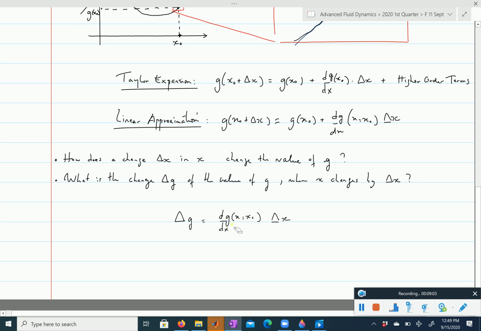So the value of the derivative is what relates a change in x to the change delta g. So if you want to know how delta g changes when you change x by a certain delta x, then you just look at the value of the derivative. This is also linked to the concept of total differential. So the differential of the function g, which you call dg, is equal to dg/dx, so the derivative, times the differential of x.